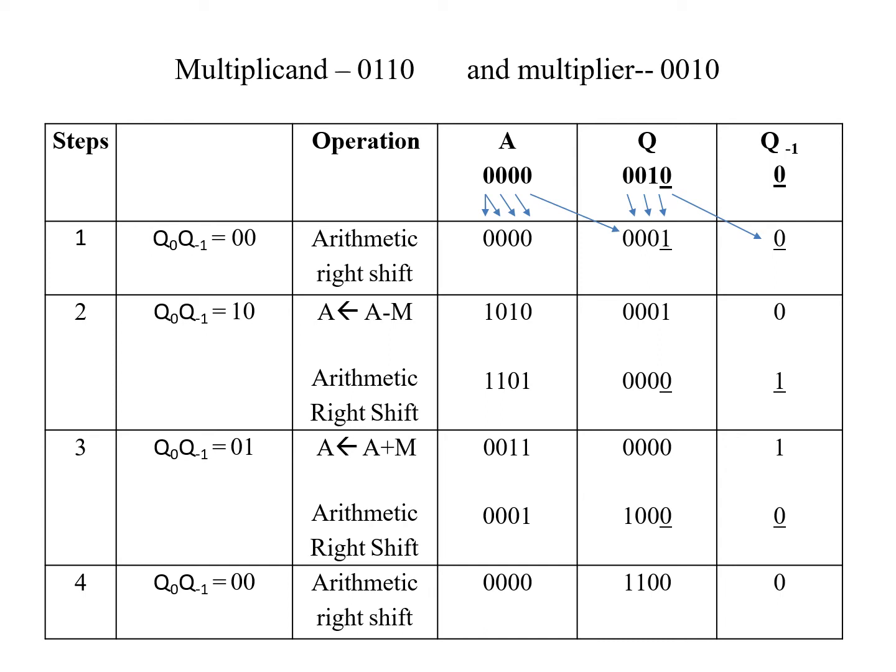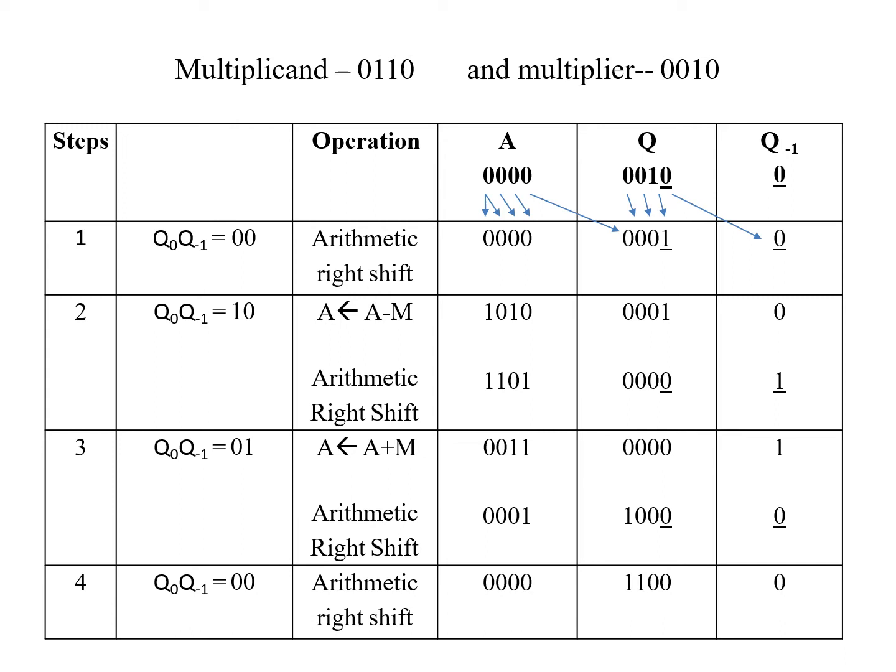This subtraction is performed in 2's complement, so we need to calculate the 2's complement of the subtrahend, which is the multiplicand, 0110. The 2's complement of 0110 is 1010, which should be added to the minuend, 0000, stored in the A register.